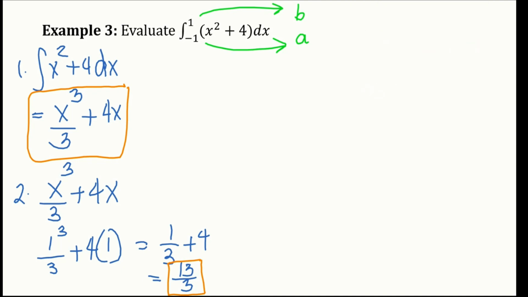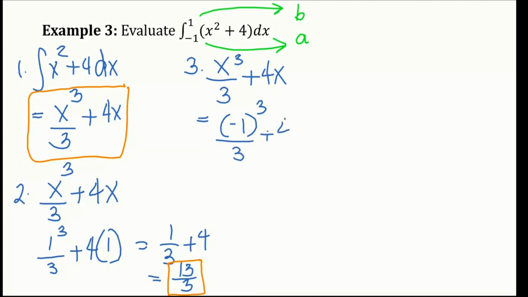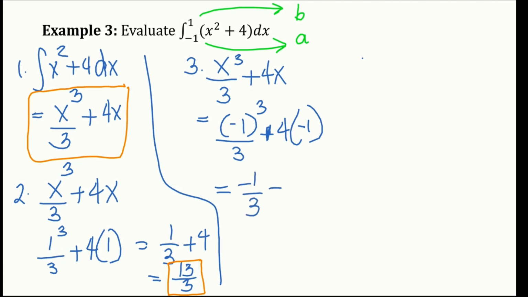Let's go to step 3 for -1. So we continue x cubed over 3 plus 4x, and then substitute -1 to all x values. We have -1 cubed over 3 plus 4 times -1. And then if we're going to continue with the process, we will have -1/3 minus 12 over 3, and we have -13 over 3.